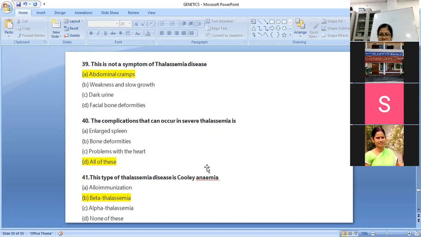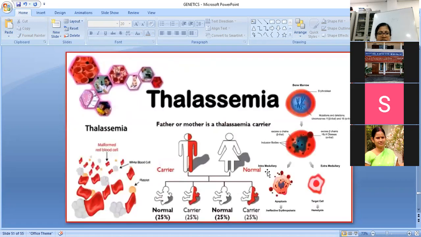undergo autolysis, I'll show one more figure about thalassemia and then we can discuss this one. So what happens is, when erythroblast cells in your bone marrow undergo the process of formation of RBC, if there is a mutation in chromosome 11, or if there is a change in the structure of the gene, there is some either loss of one particular nucleotide sequence or there is a replacement, then what will happen?